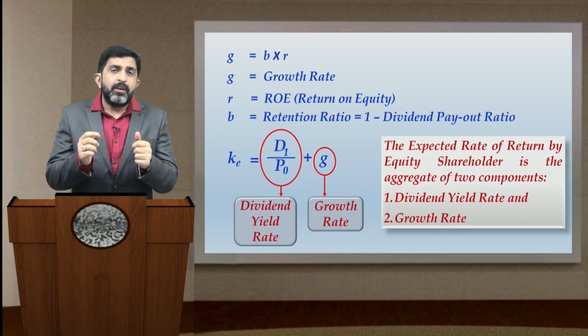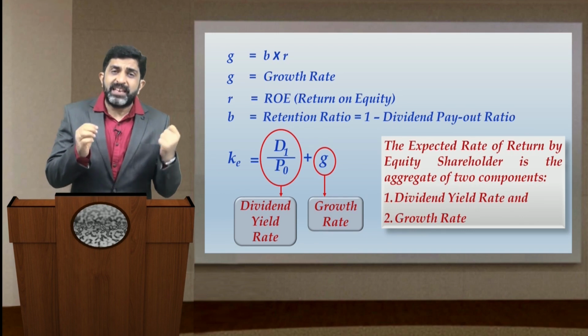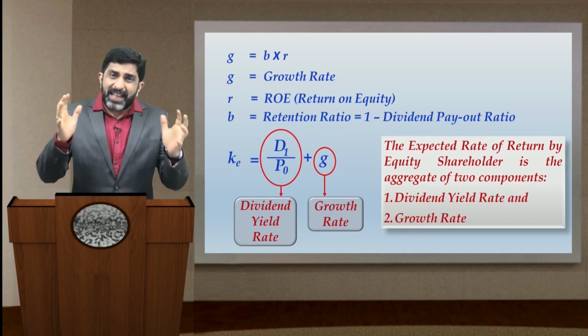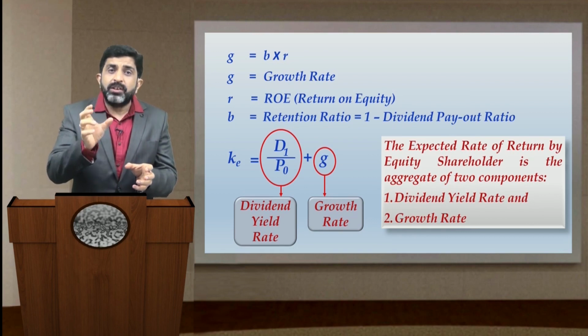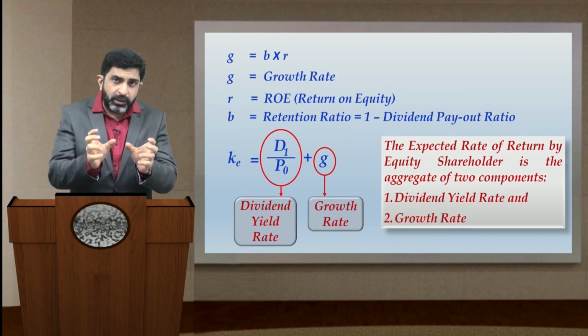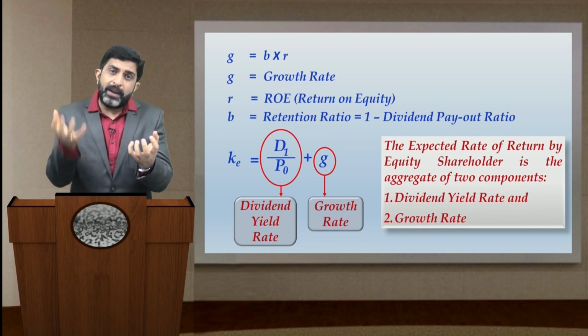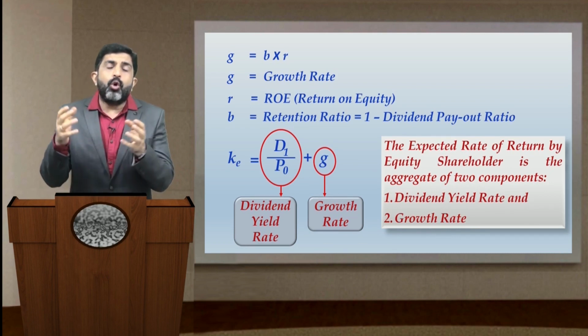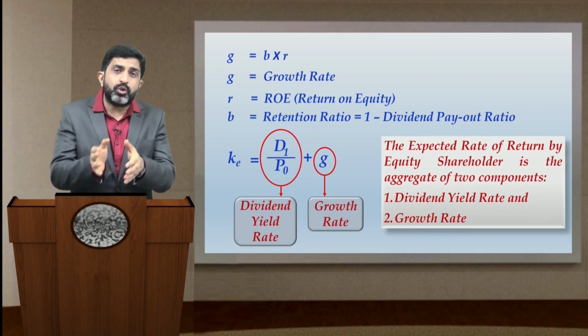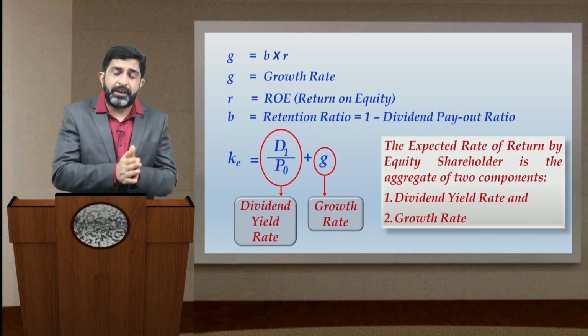Why like that? Look into screen what you see. KE itself is the aggregate of two components, right? That is what? The dividend yield rate and growth rate. So to growth rate, when you add dividend yield rate, then you arrive at KE. So obviously KE is going to be greater than growth rate.